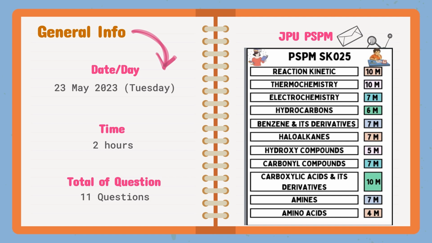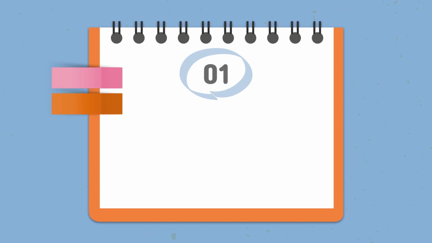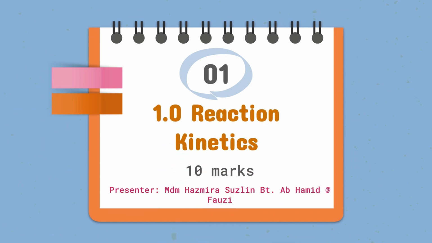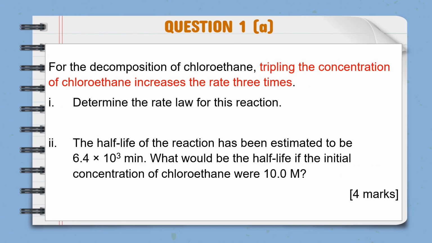So now we are going to discuss reaction kinetics. There are 10 marks allocated to reaction kinetics. For question number 1A, the question states that for the decomposition of chloroethane, tripling the concentration of the chloroethane increases the rate 3 times.